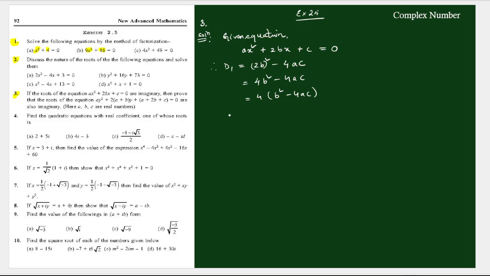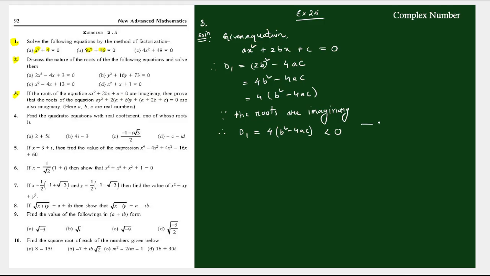So you write down, since the roots are imaginary, therefore d1 equal to 4b square minus 4ac, this is less than 0.